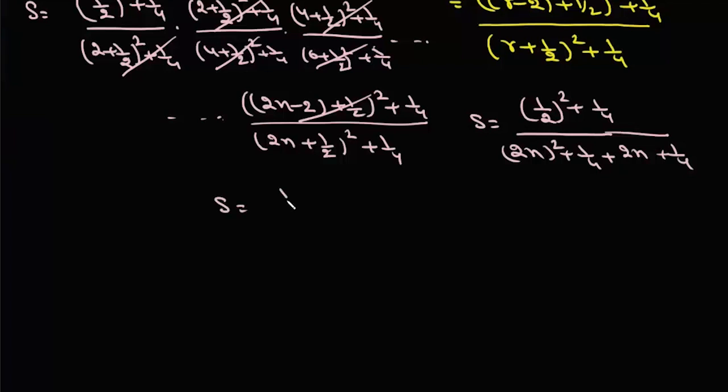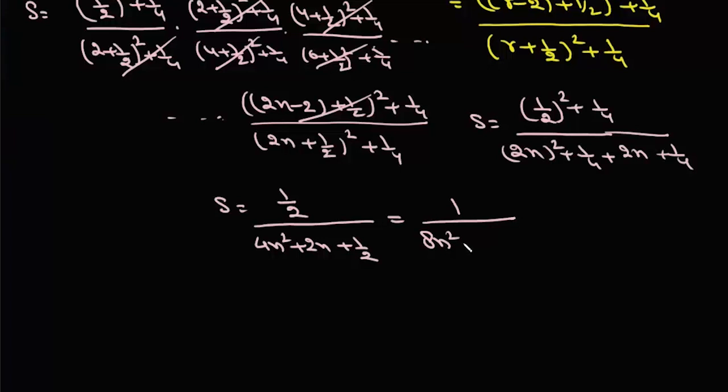It will be simply 1 by 2 upon, and this is 4n square plus 2n plus 1 by 2, or 1 upon 8n square plus 4n plus 1.